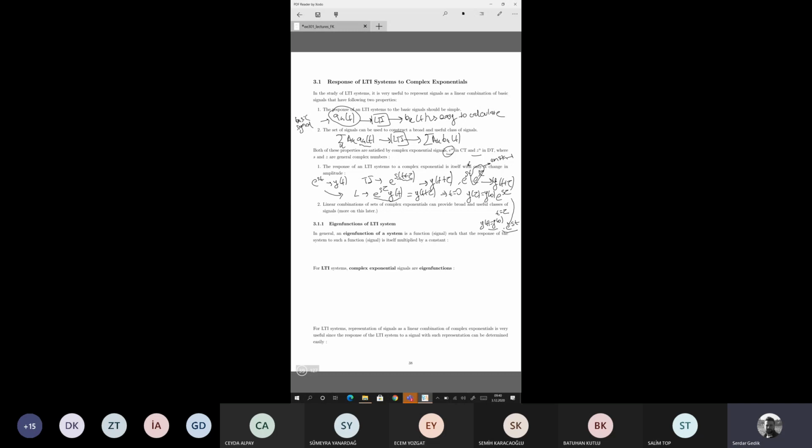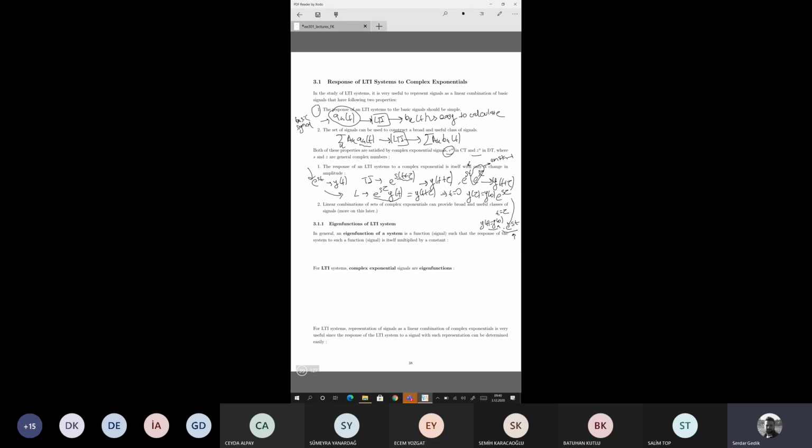So that's quite easy. I have shown that this e to the power st satisfies at least the first property. If it is input to an LTI system, the output is simply the signal e to the power st times a scalar. So this is quite easy to calculate.